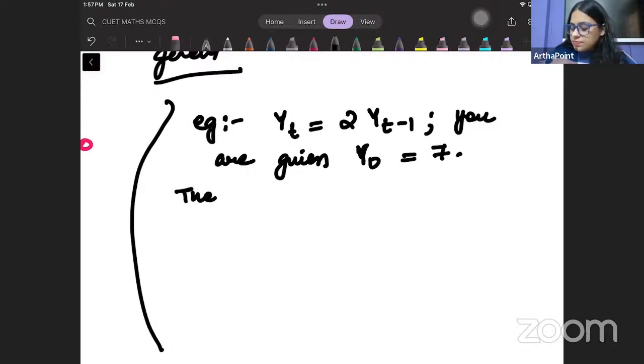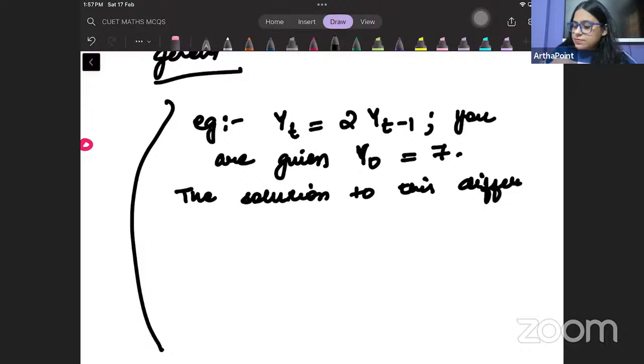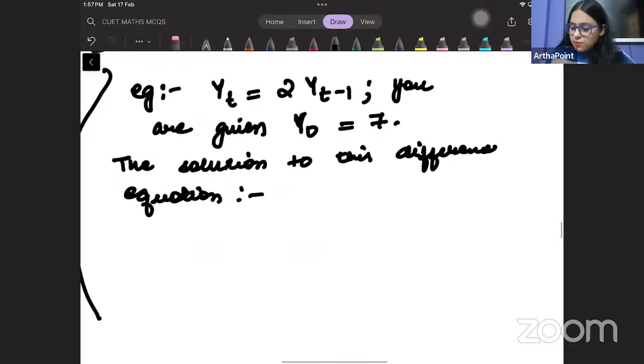The solution to this difference equation will be, right beta, I'm giving you options, you tell me what is the answer.